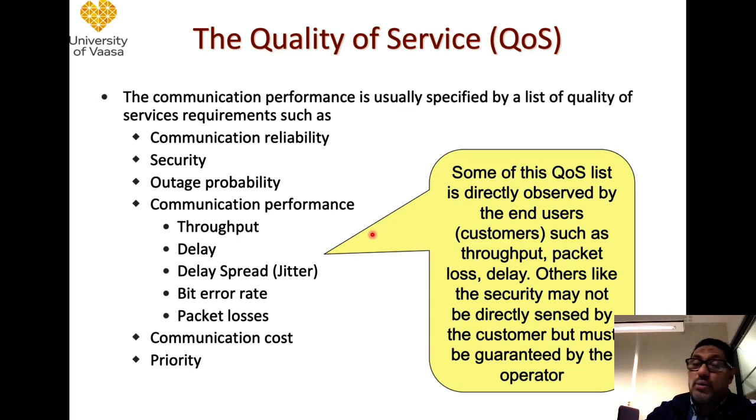So what are the quality of service measures of a communication system? Here we can introduce a few of them. For example, communication reliability: how reliable is the communication?